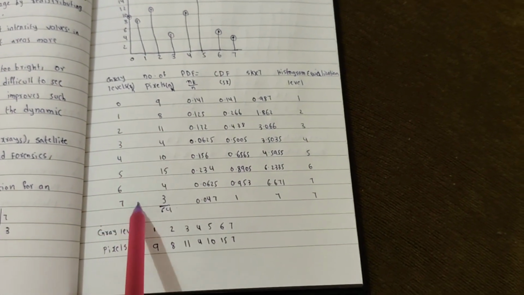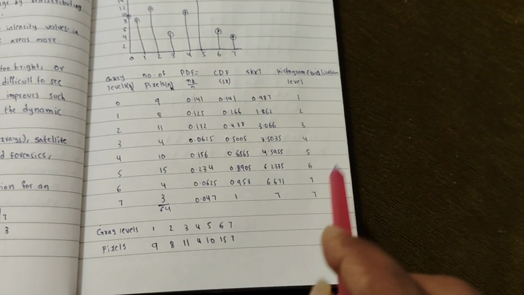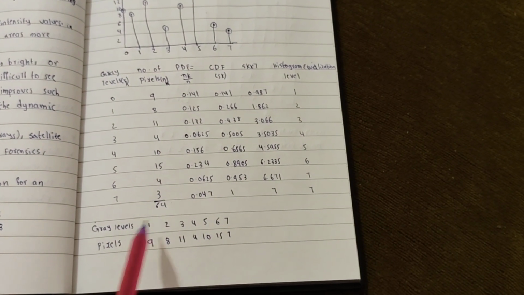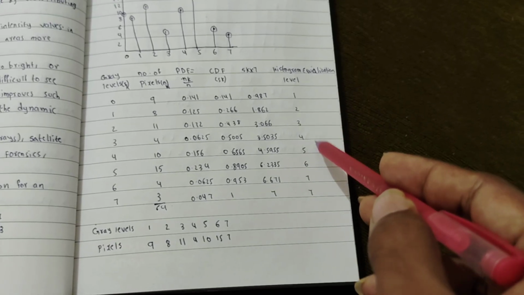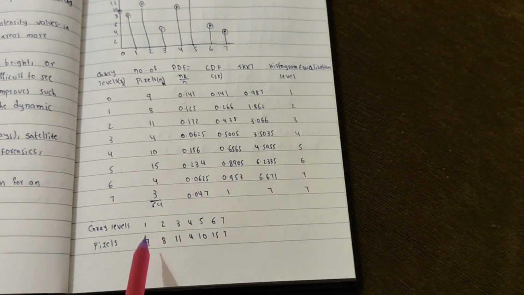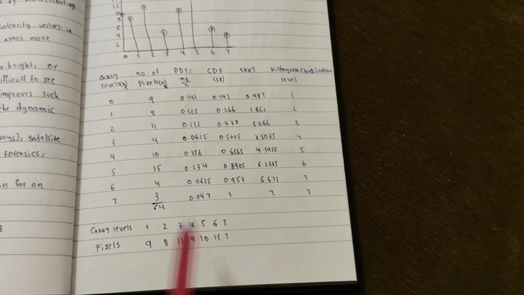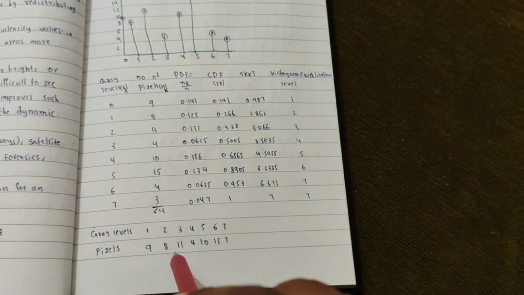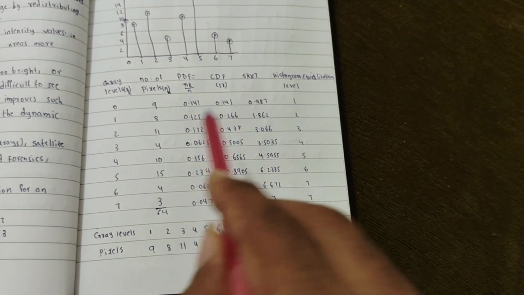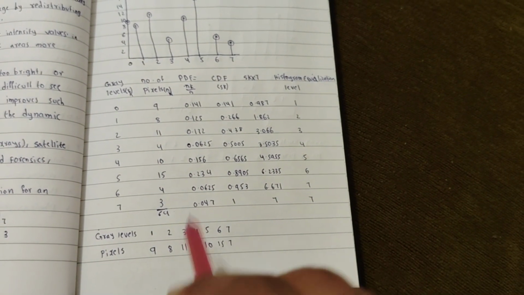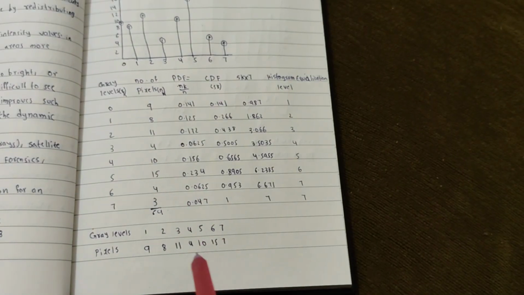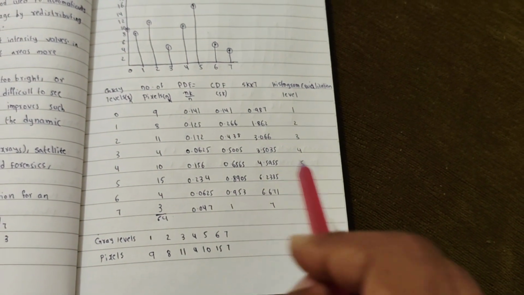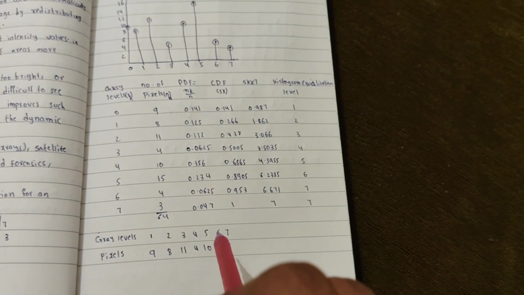So these are the input values, these are the new histogram level values. So if you see the output, the new gray levels are 1, 2, 3, 4, 5, 6, 7 only, there is no 0. And number of pixels we have, for 1 it is 9, for 2 it is 8, for 3 it is 11, for 4 it is 4, for 5 it is 10, so we will mark it as 10 here, for 6 it is 15, so we will mark it as 15.